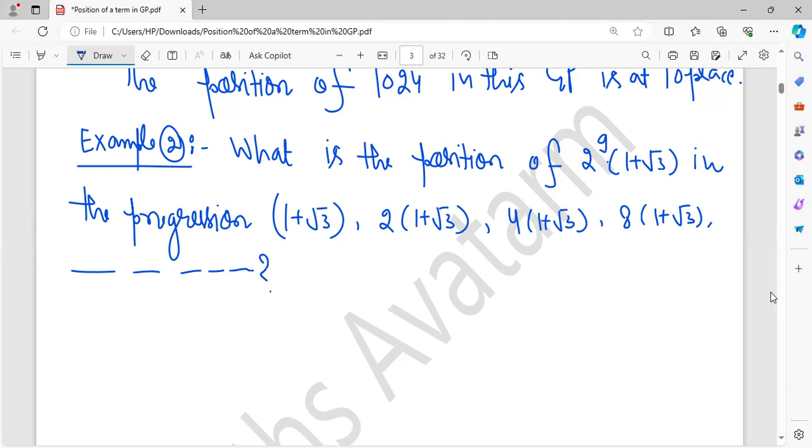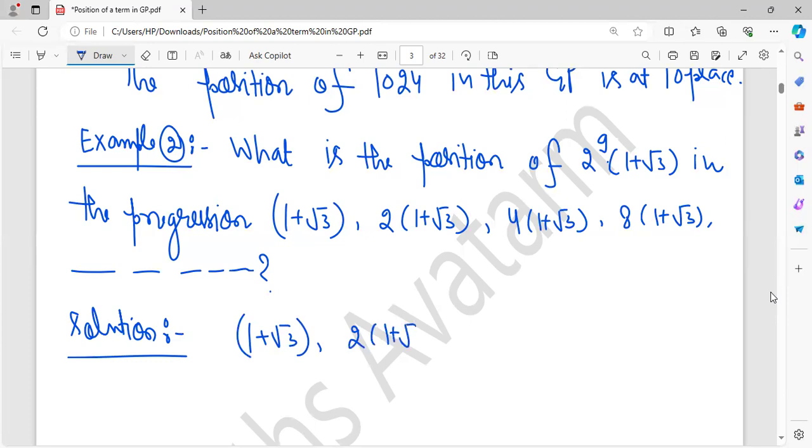Solution: 1 plus root 3, 2 times (1 plus root 3), 4 times (1 plus root 3), 8 times (1 plus root 3). Now you see, what is the first term?